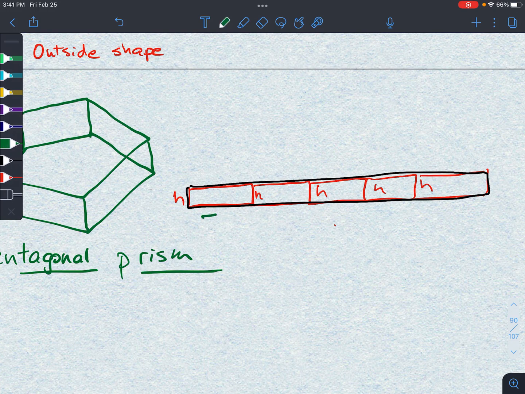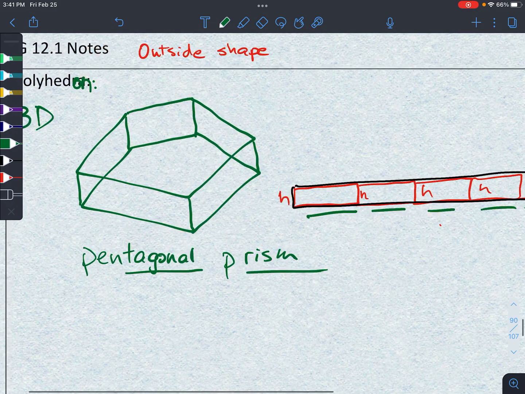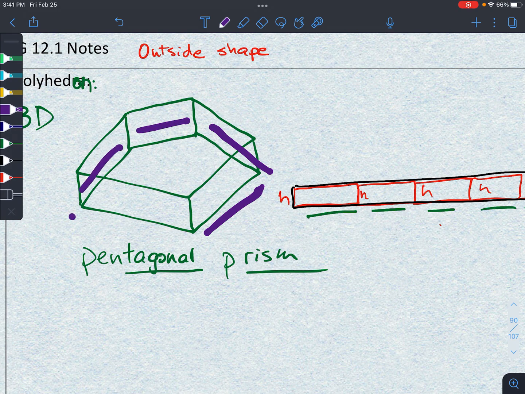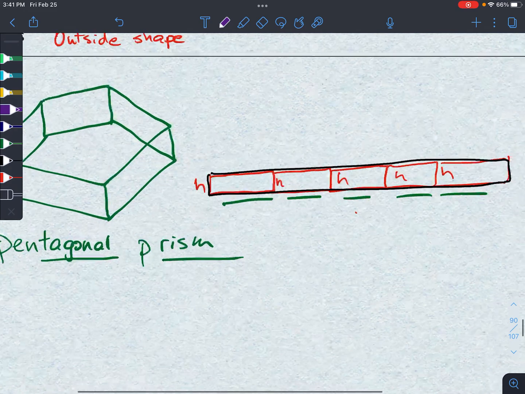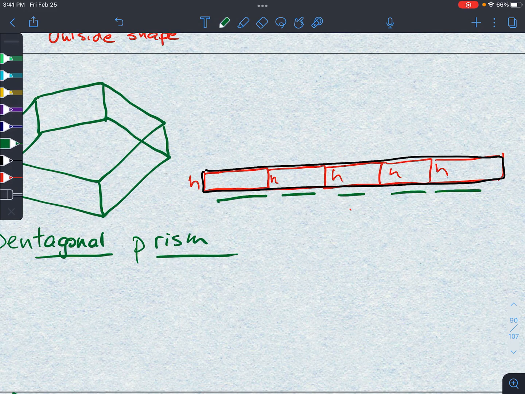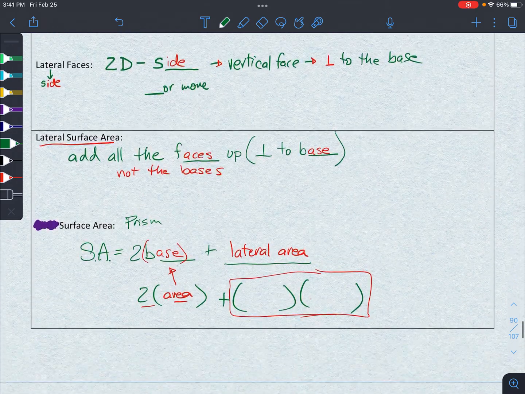And then my edges down here on the bottom end wrap around my shape. Those edges going around is also known as the, starts with a P, big long word, not pentagonal, the perimeter, correct, of the shape, which we would then multiply times h.